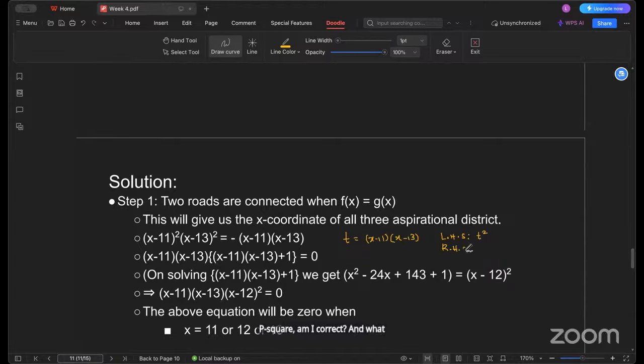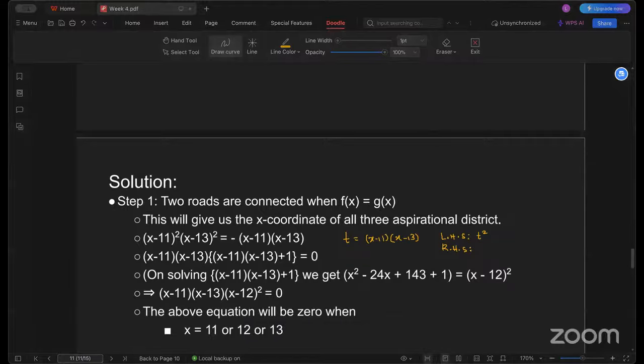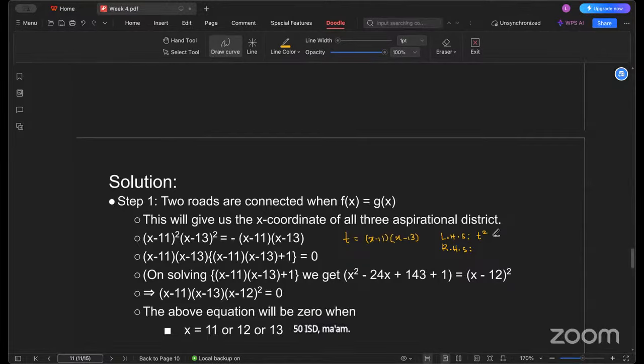And what is RHS? It's minus t, right? So t square is equal to minus t. So that is t square plus t is equal to 0. So t into t plus 1 is equal to 0, right? So you equate t equal to 0, t plus 1 equal to 0.